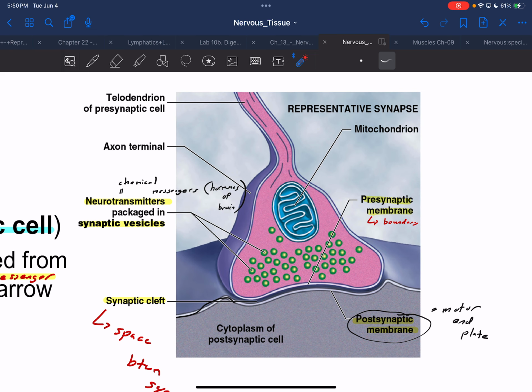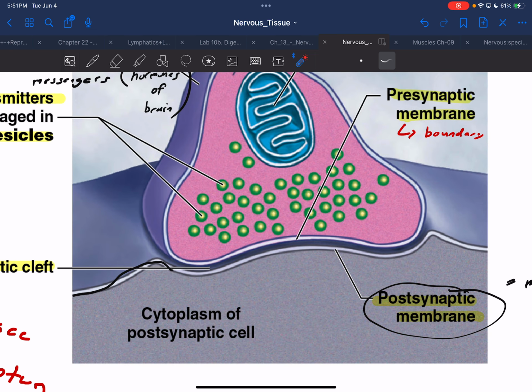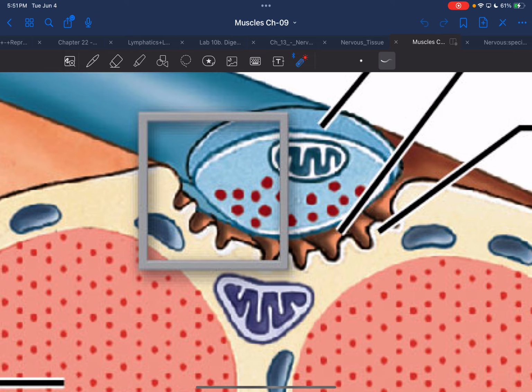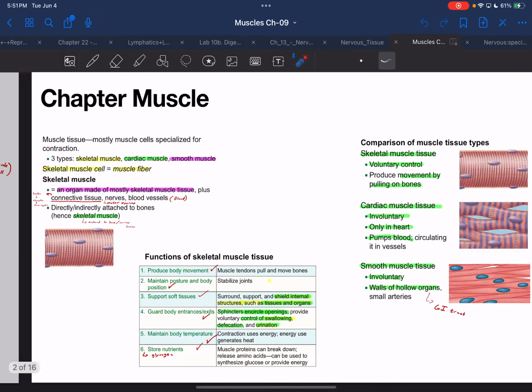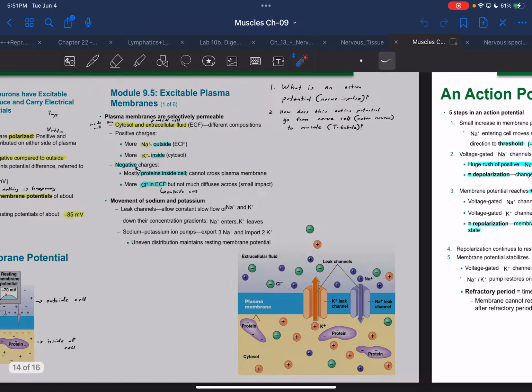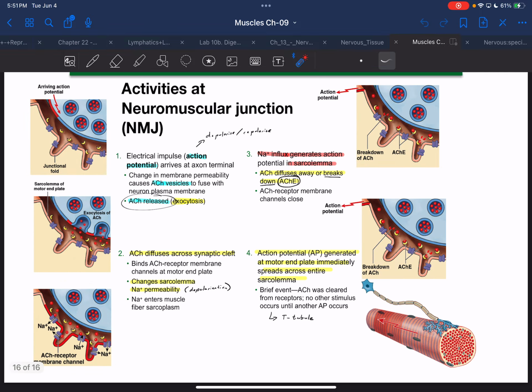And so when an action potential arrives, it induces these vesicles to release neurotransmitter into this space. And this should sound familiar to us because it's this very situation here. If we zoom in even more, it should look even more familiar if we look at this picture right here.